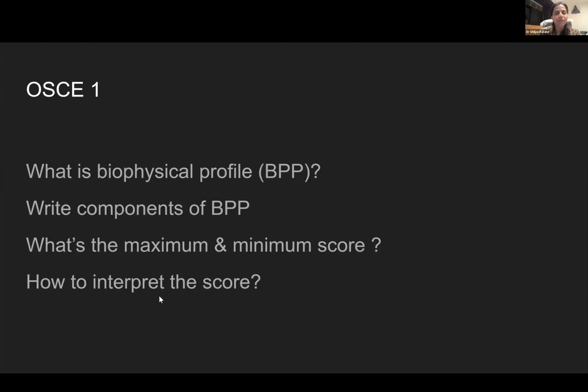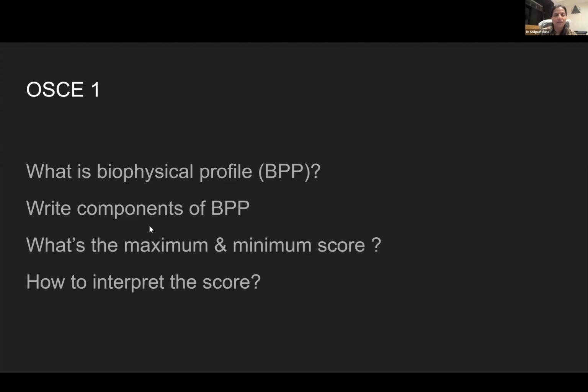Can you label those 5 components? 0 and 10. Fetal heart rate, breathing movement, AFI, and tone. 10 is maximum. AFI, body movements. Jaya is saying breathing movements, tone, and fetal heart rate. Okay.